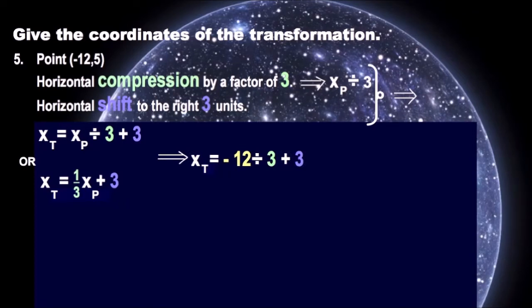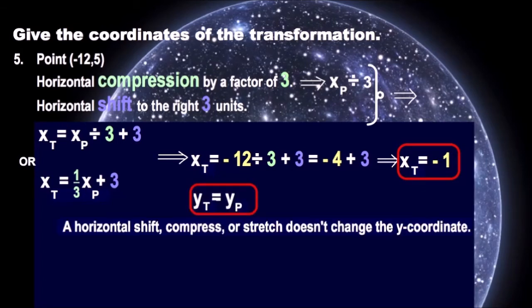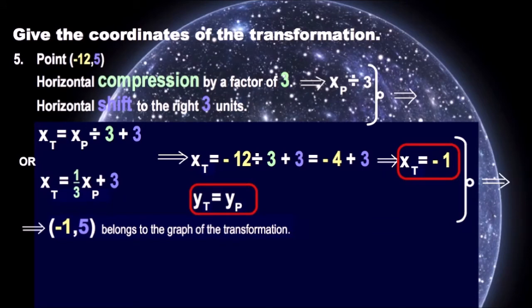Thus, x transformation equals negative 12 divided by 3 plus 3, which equals negative 4 plus 3. Thus, x transformation is equal to negative 1. A horizontal shift, compression, or stretch doesn't change the y coordinate. So y transformation equals y parent. Thus, point (-1, 5) belongs to the graph of the transformation.